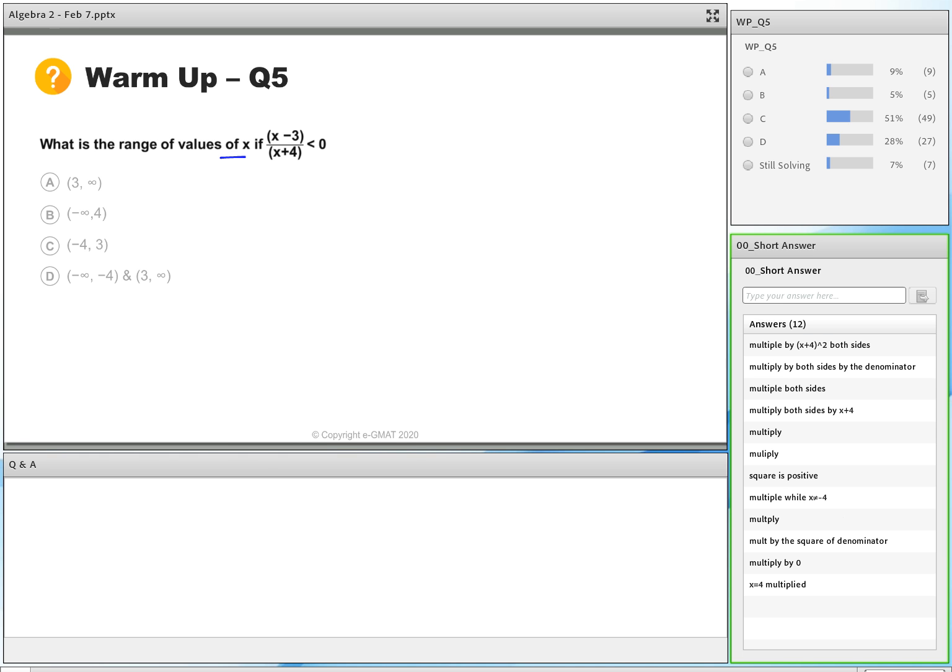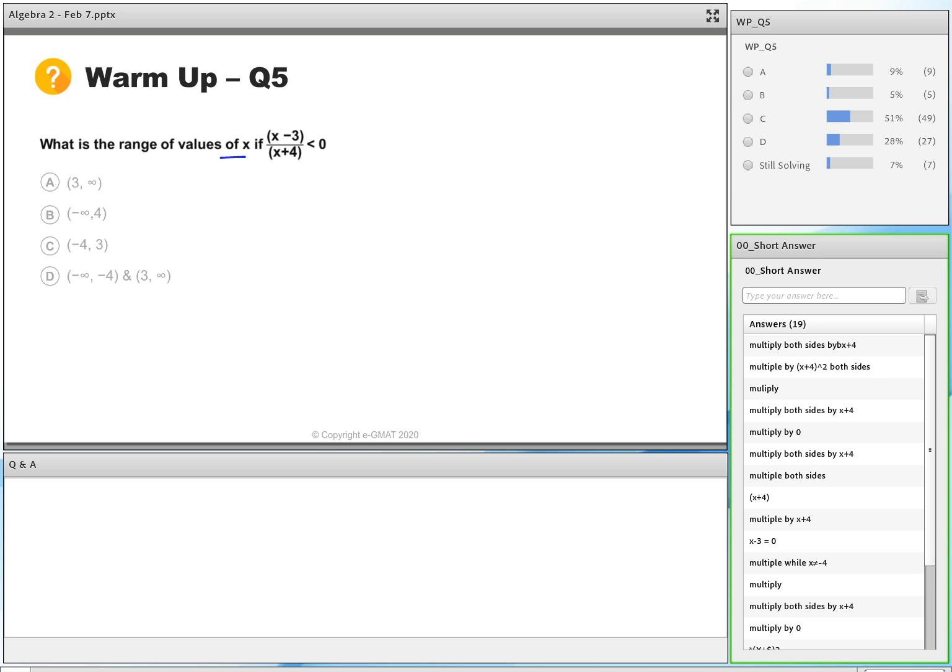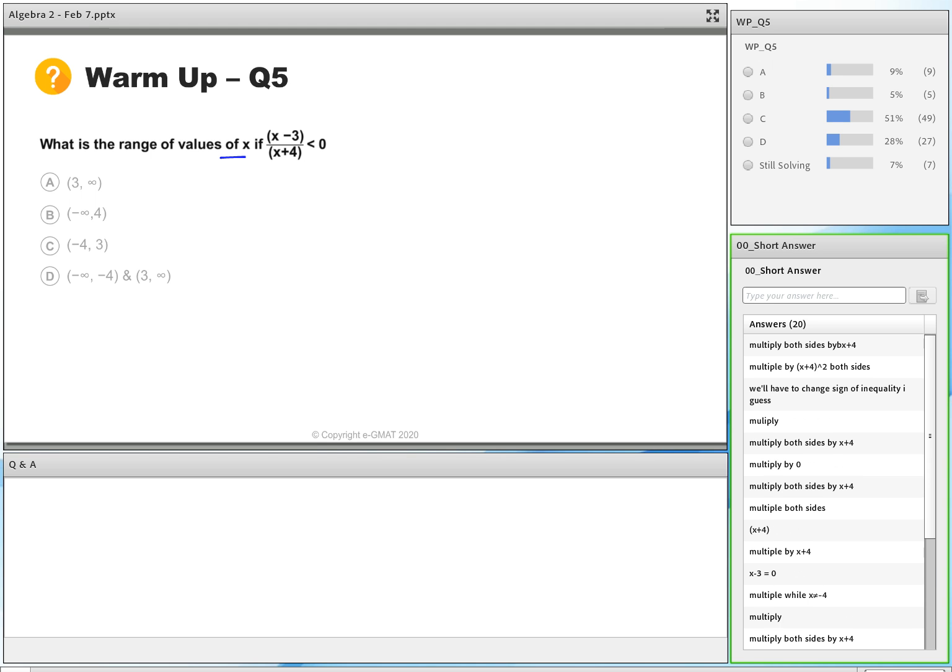Hmm. So I see a few of you tell me to multiply with x plus 4. A few of you also tell me to multiply with a square number. Now, I'll tell you that's absolutely what I wanted you people to think as well. And you people have aced it, you have thought in the right direction. But some of you have made a very small mistake.